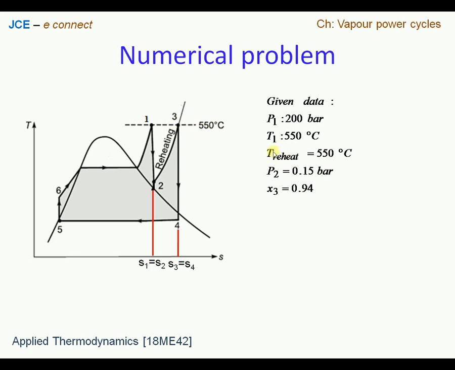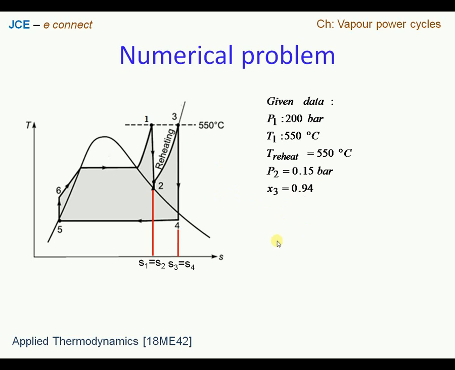Therefore T3 is equal to 550 degrees Celsius, and they have given us the condenser pressure, which we denote as P2, shown here in this line, which is 0.15 bar. And then we have the quality, that is X4, which is 0.94.